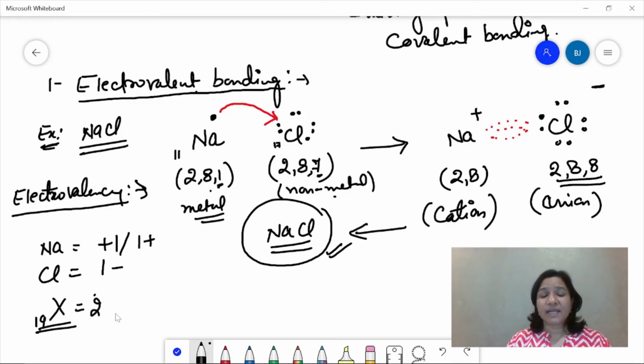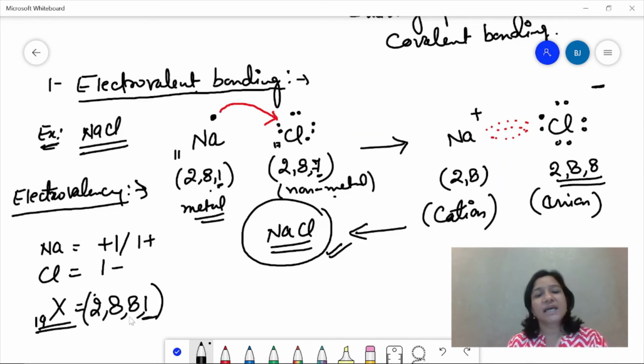You know the electronic configuration of 19 will be 2, 8, 8, 1, right? So you can see how many electrons are in the valence shell. If you have 1, 2 or 3 electrons in the valence shell, then that element will be considered a metal and it will always have a tendency to lose electrons to form cations, right?